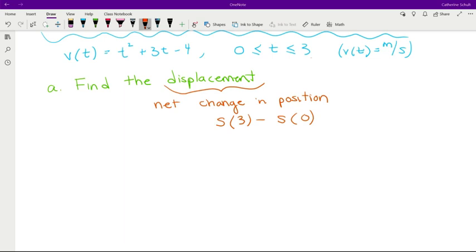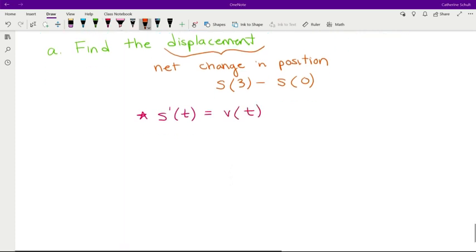So that's what the displacement is. So how are we going to find it? Well, remember that s prime of t, the derivative of the position function, is exactly the velocity function. So here's our train of thought. If we want to end up here, s of 3 minus s of 0, that's the displacement, right?